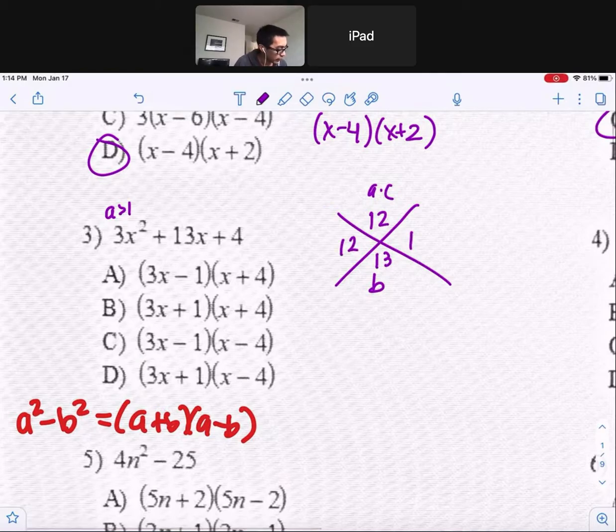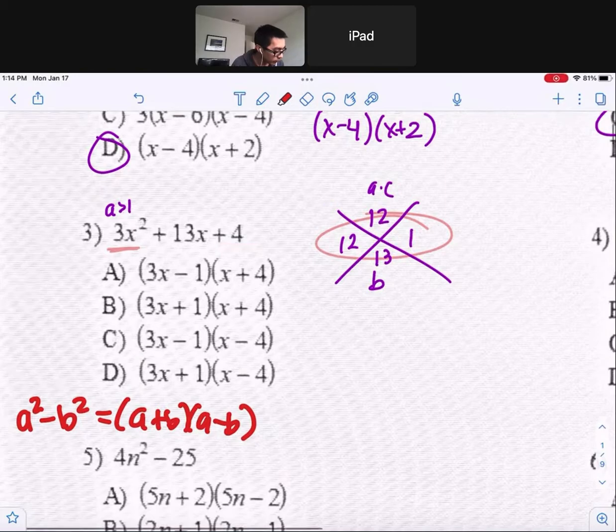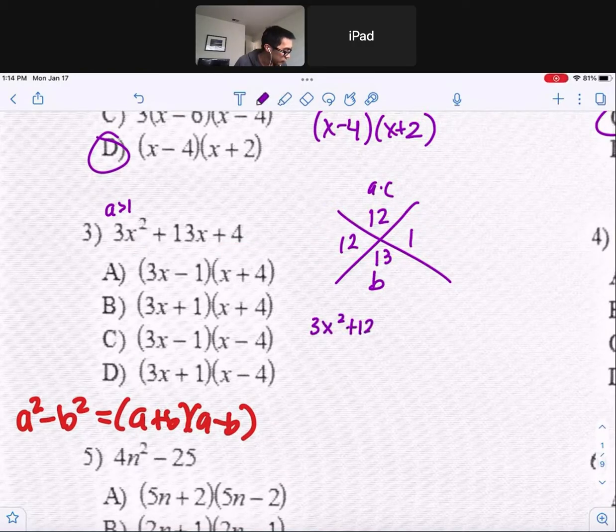Since a is greater than 1, you have to write the first term, the combination of the two middle terms, and your last term. So what does this look like? Well, 3x squared plus 12x plus x, which comes from here. See, 12x plus x adds up to 13x, plus 4.